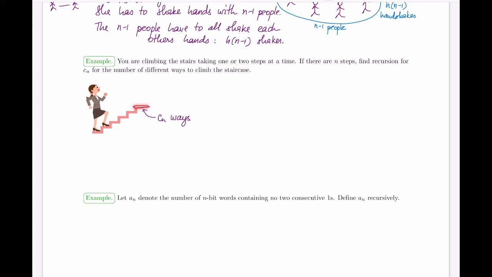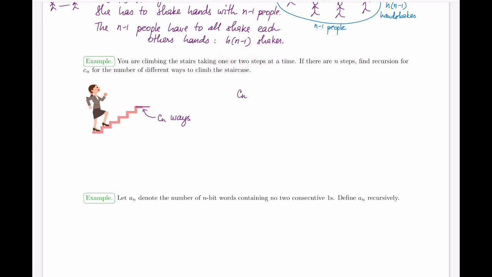So in order for us to end up on the top stair, we could have come from the stair right before, right? We could have taken that one last step as just 1 step. Or, in order for us to end up here, our other option was to take a big step, a 2 step, from 2 steps back. So we started here and then we hopped over 1 stair. Those are our 2 choices, right?